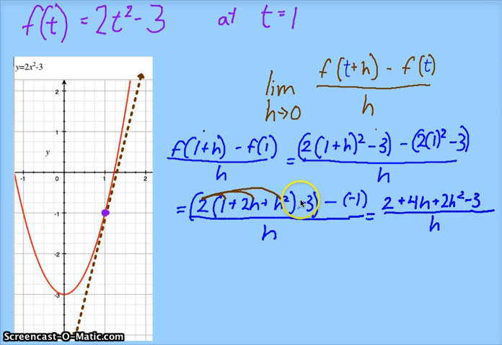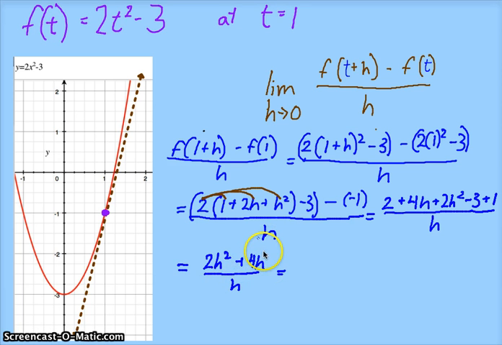Now there's my minus 3, and then subtracting a negative 1 is plus 1. We continue to simplify. I have 2h squared plus 4h. 2 plus 1 is 3, 3 minus 3 is 0. So it cancels, which is a nice thing.